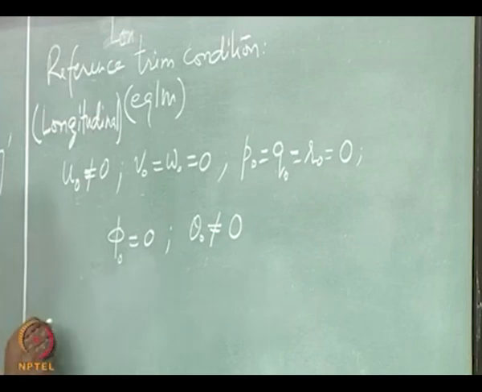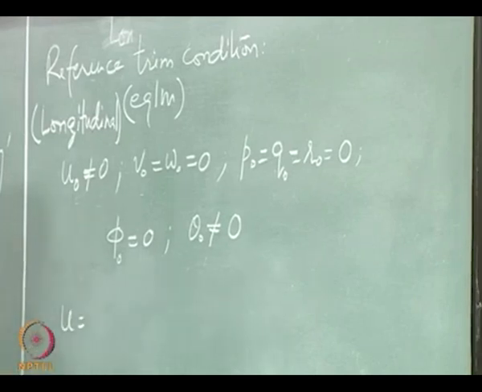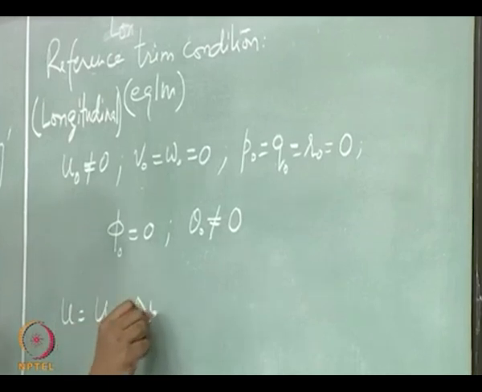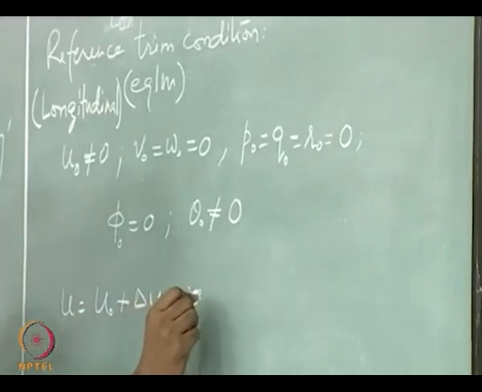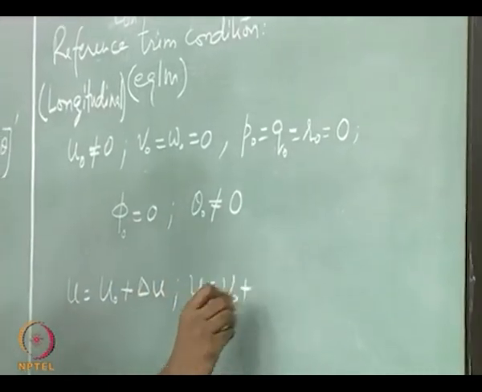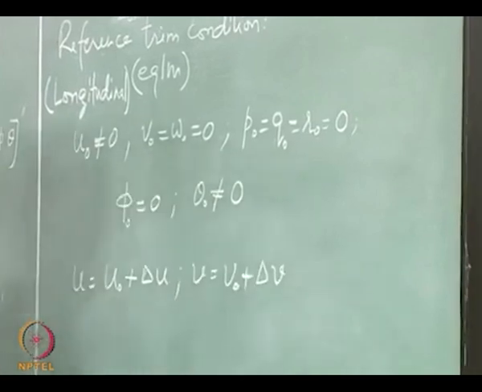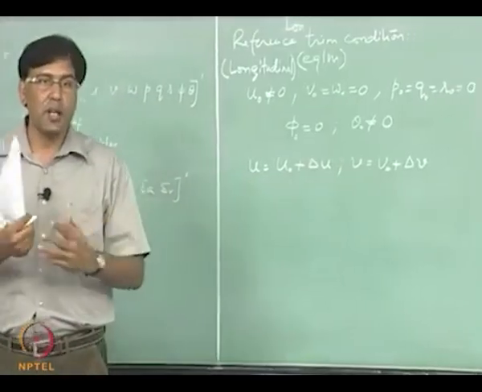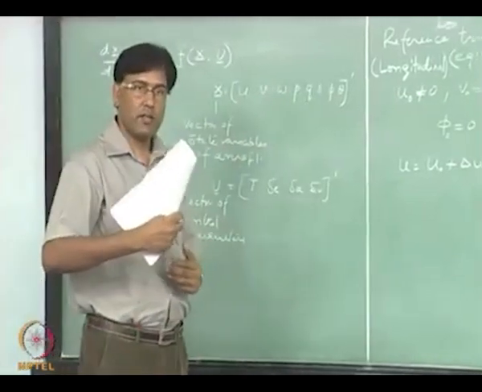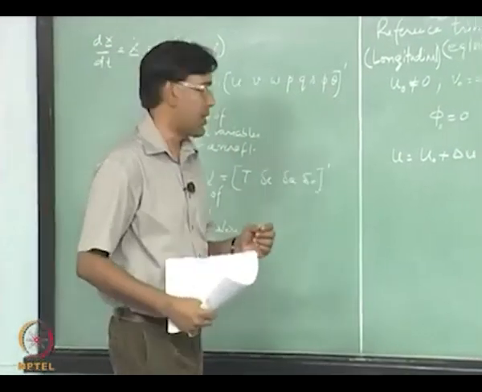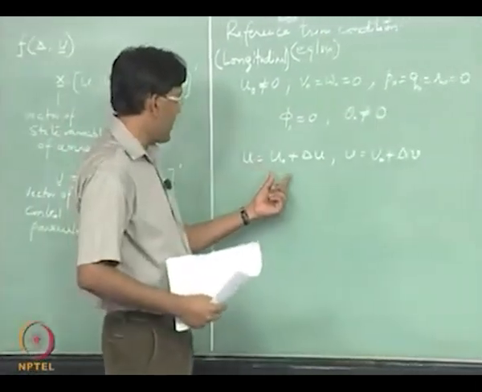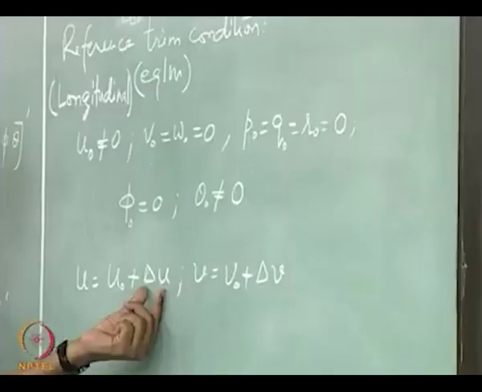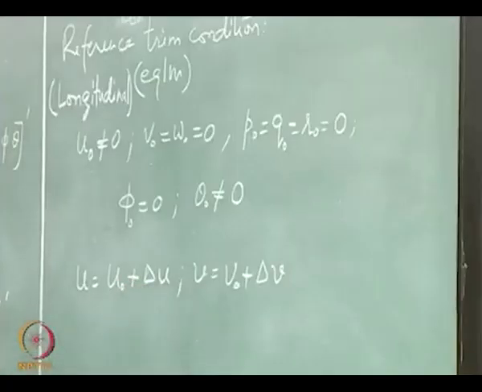So, perturbation can be introduced like this. So, my new variables are these. So, aircraft flying in perturbed condition, a condition which is different from equilibrium flying condition, and the perturbations are these perturbations in each variable.